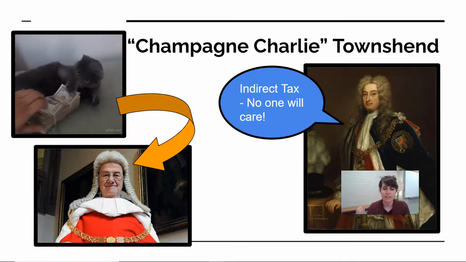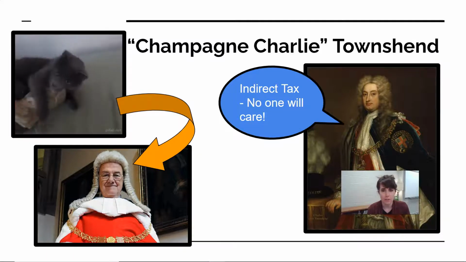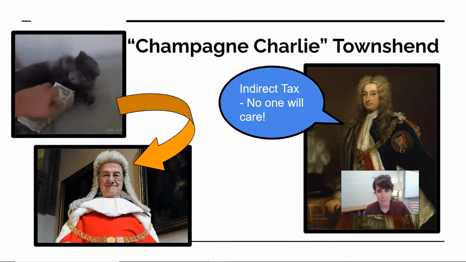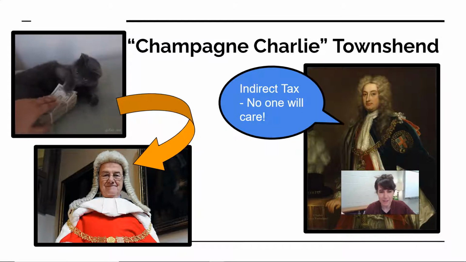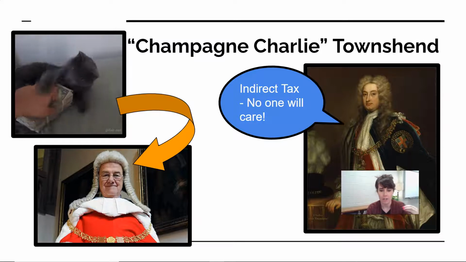And so the tax is paid right away before the goods leave the ship. So say you're bringing over a bunch of, I don't know, barley. I don't know why you're importing barley, but congratulations, you're importing barley. And so what happened is that you would pay the customs tax, or this indirect tax, before the barley were to leave the ship.